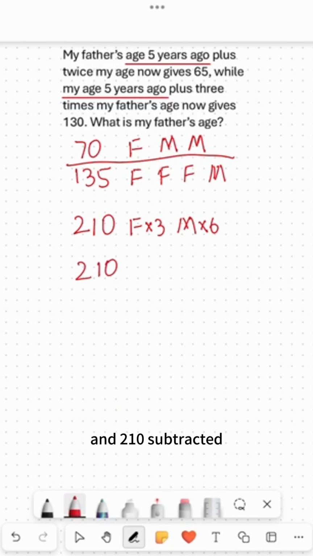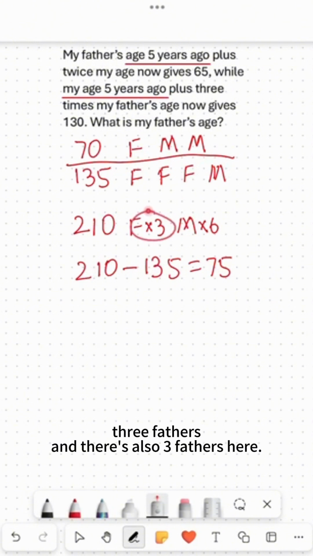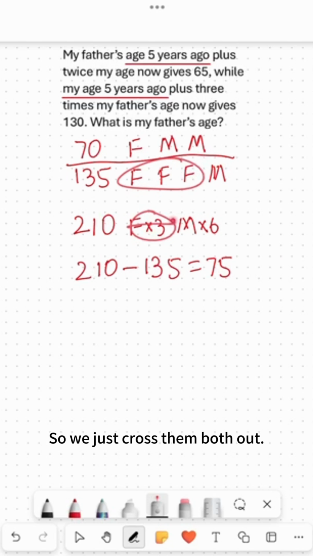And 210 subtracted by 135 is 75. And 75 is 3 fathers, and there's also 3 fathers here, so we just cross them both out.